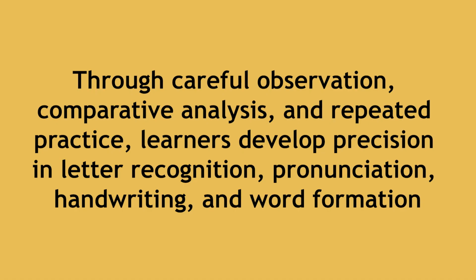This demonstrates the syllabic nature of the Telugu script, where the consonant functions as the base and vowels modify their phonetic realization. Through careful observation, comparative analysis, and repeated practice, learners develop precision in letter recognition, pronunciation, handwriting, and word formation.